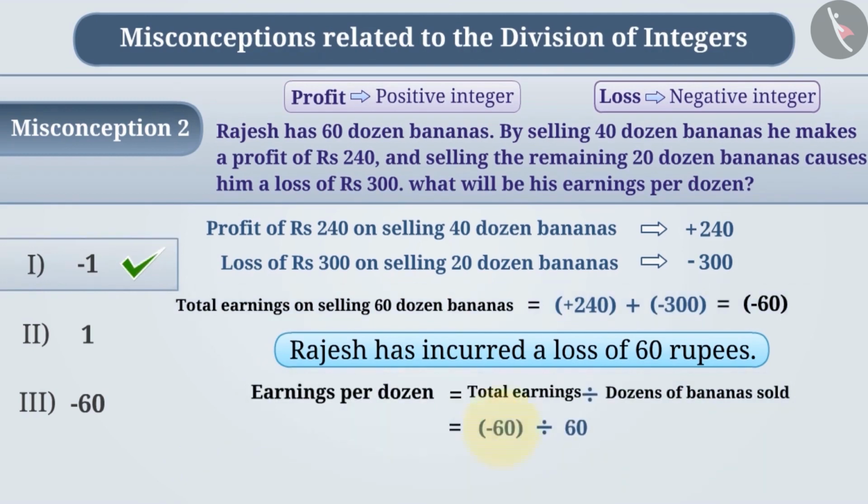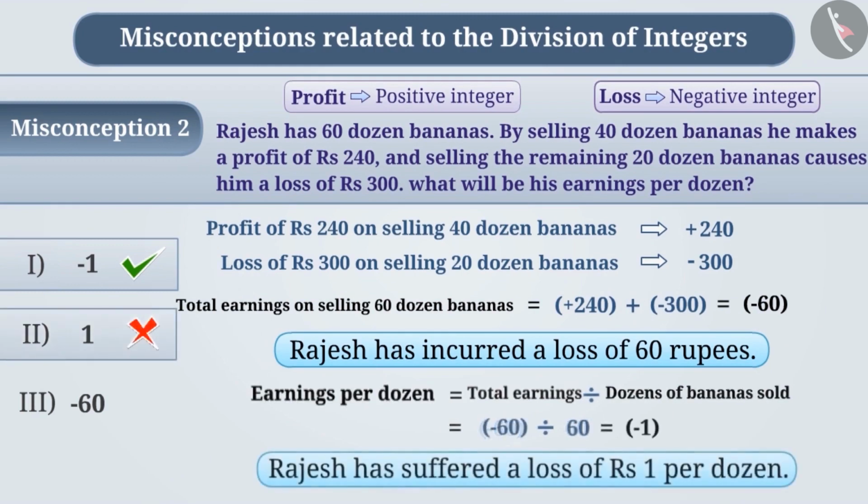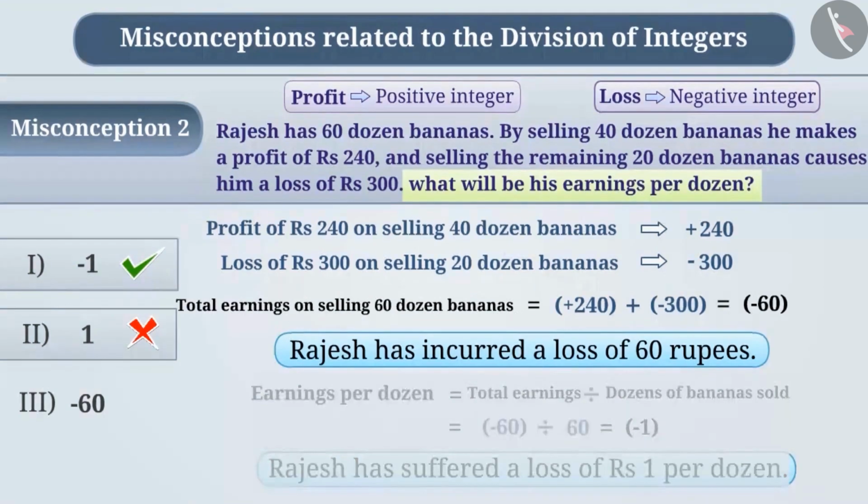Some children ignore the minus sign while dividing. This gives them the wrong answer, 1. Similarly, some children ignore what is being asked in the question. Here the question is, how much Rajesh earns per dozen? But while solving the question, children only calculate the total earnings, that is, Rs plus 240 plus minus 300 is equal to minus 60.